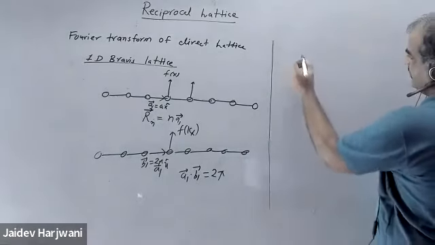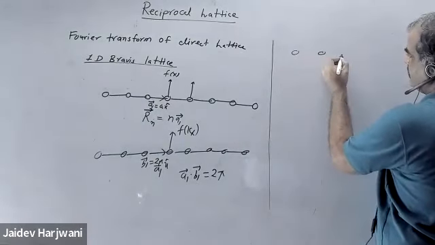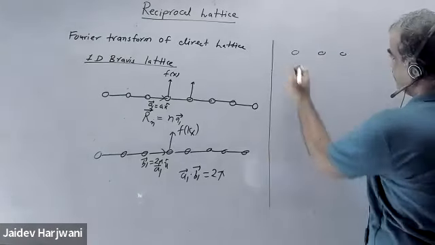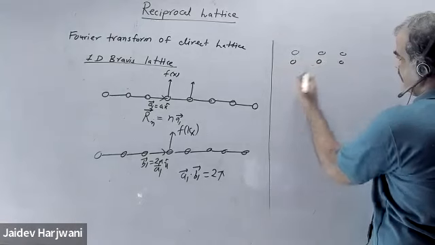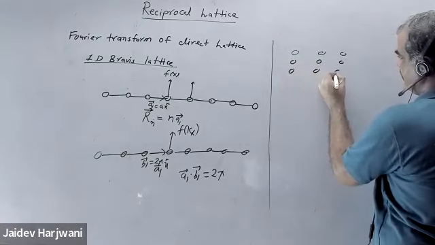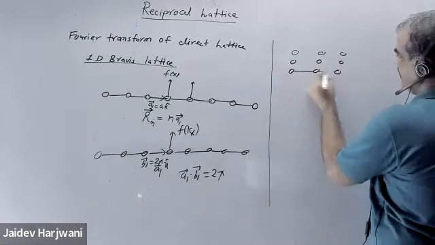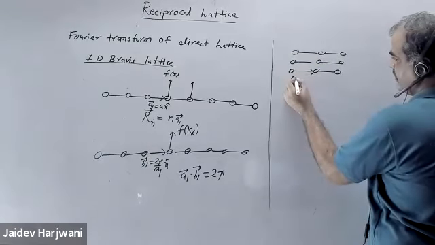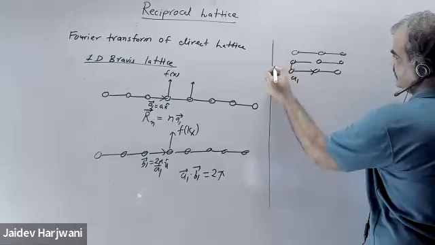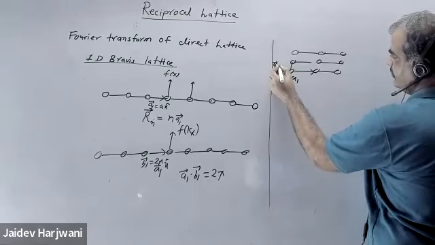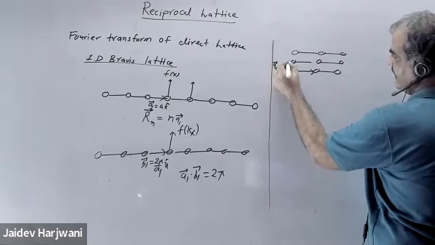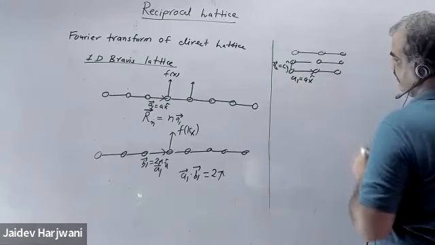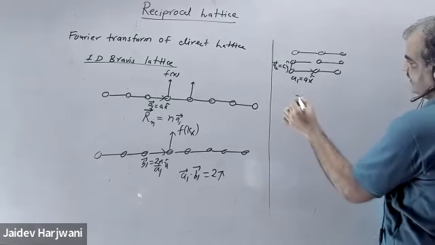Suppose I have a 2D lattice, this is my a1 and this is my a2, where a2 is equal to c y cap and a1 is a x cap. So this is a direct lattice.